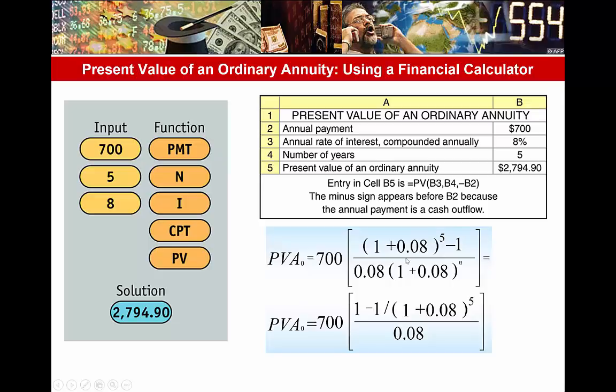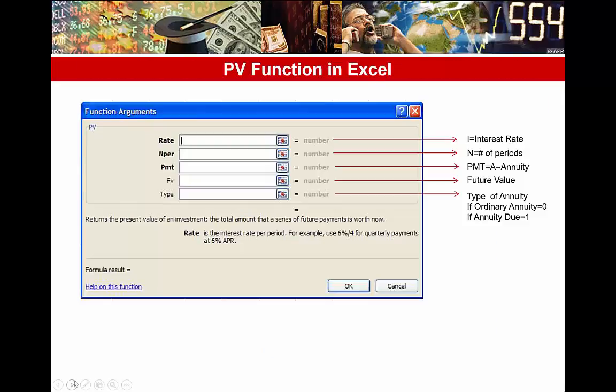And here you see the same thing by using the formula. So 1 plus I to the power n minus 1 divided by I, which is 8%, times 1 plus 0.08 to the power n, which is equal to 5. And this is the alternative representation in here, so the same things. In both cases, we get $2,794.90. And the present value function in Excel is something like that.